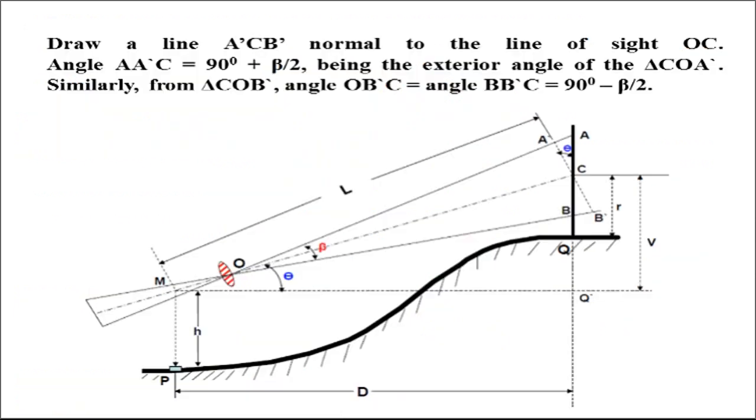See the figure again. We are applying the horizontal sight equation to this one, so this is exactly perpendicular to this. So we are finding this L, the distance between the instrument station and point C.